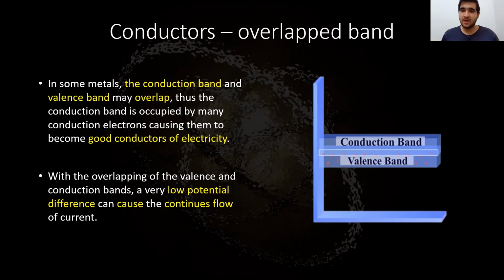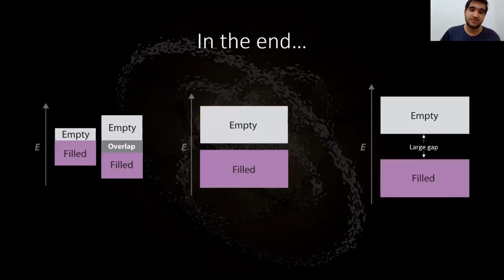But at the end of the day, when we look at conductors such as metals, whether they're partially filled or overlapped, they're very conductive, and they cannot be compared in conductivity with semiconductors and insulators. They are truly much more conductive. So just to recap, we have metals with either a partially filled band, on the left side, or on the right side an overlap between the empty and filled states.